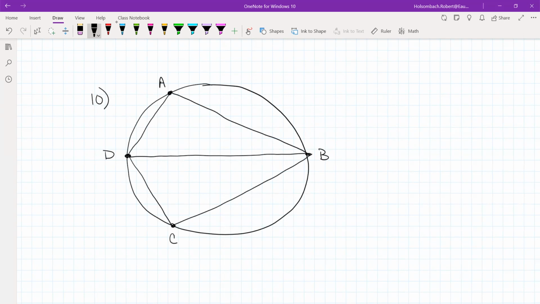Given that DAB and DCB are right angles. DAB is a right angle, and DCB is a right angle. Now, if you're told that those two are right angles, that means that DB is the diameter of the circle.